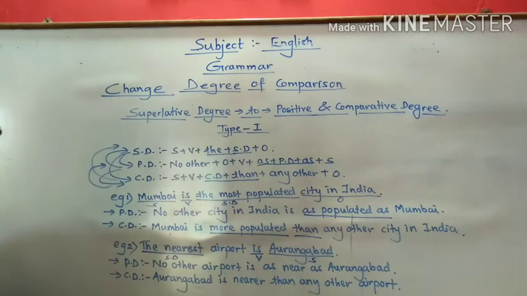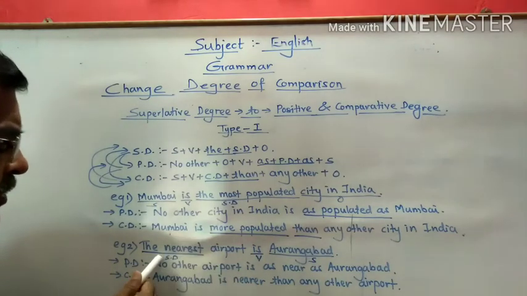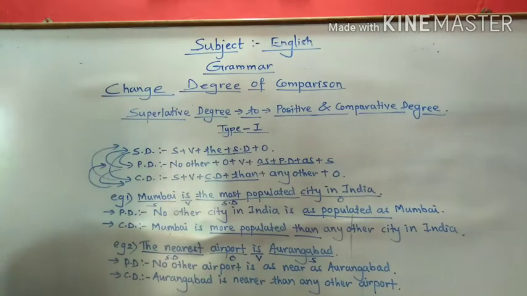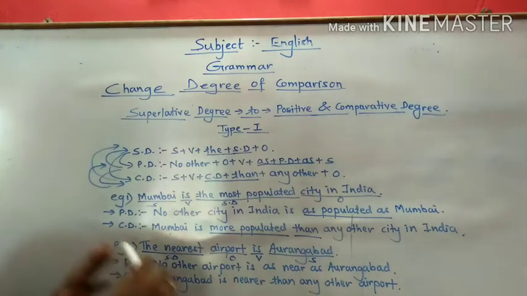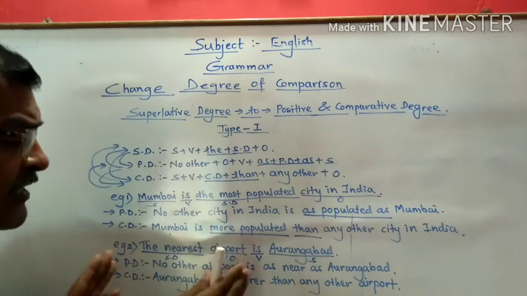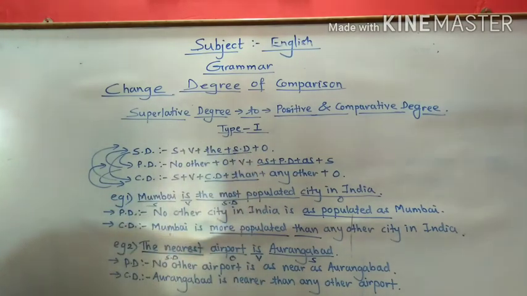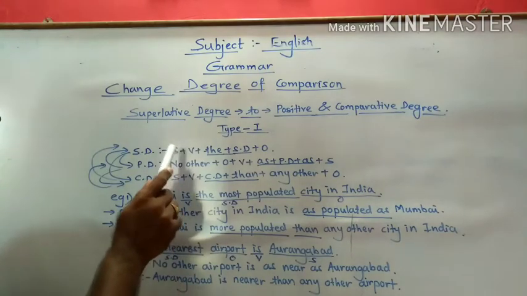And the thing between the verb and the superlative degree, that remaining part, you can take as an object. Actually, according to the construction, it is not there, but we have done this adjustment for the sake of our construction.